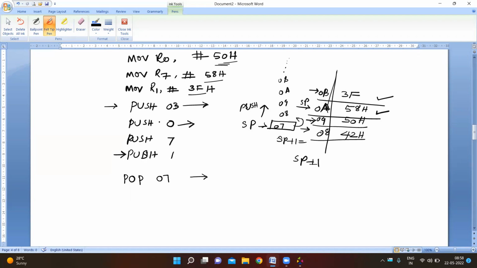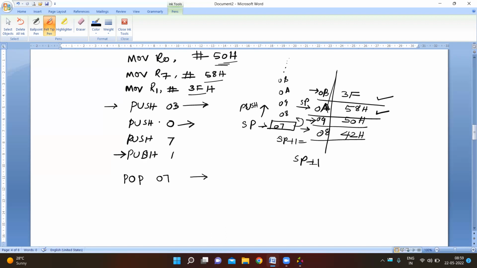Presently the stack pointer points to 0B location. In 0B location, 3F data is there, that is retrieved onto the 07 location. That process will be done first. After that, the stack pointer is decremented by 1.